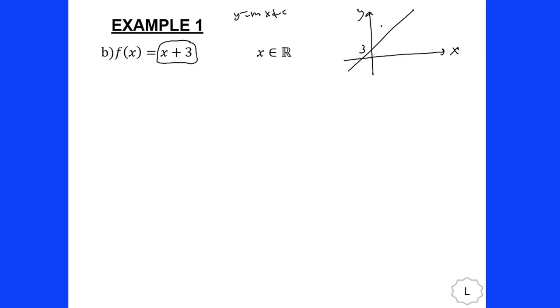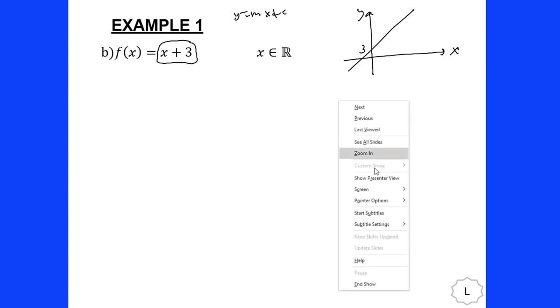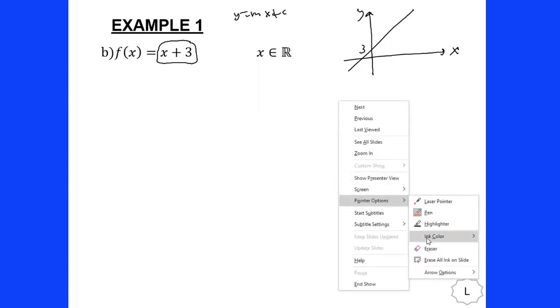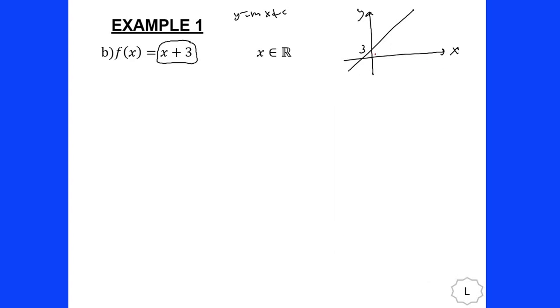Okay, if we look graphically at a linear graph, to determine if this is one-to-one, you use the horizontal line test. So where does the horizontal line cut? It cuts at only one point. This is a one-to-one function.